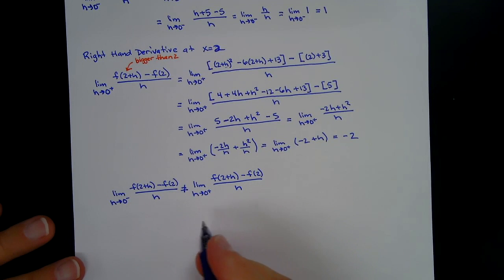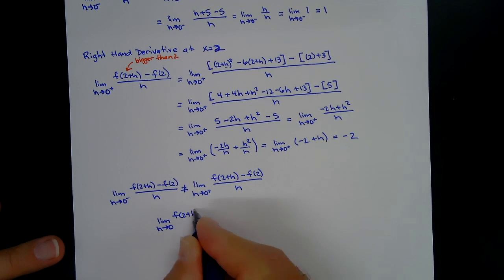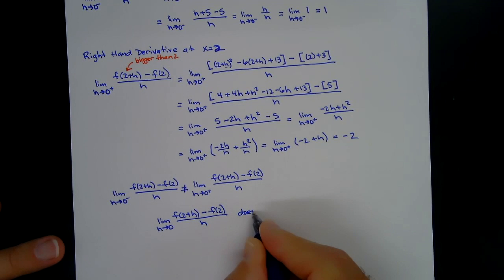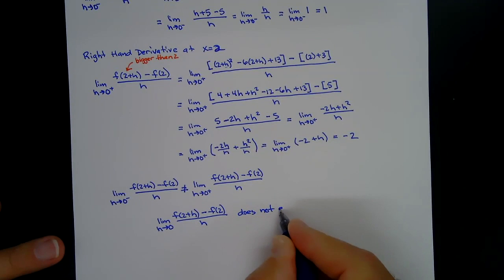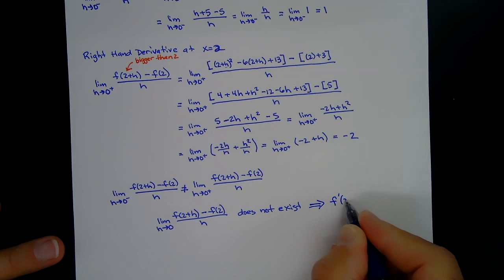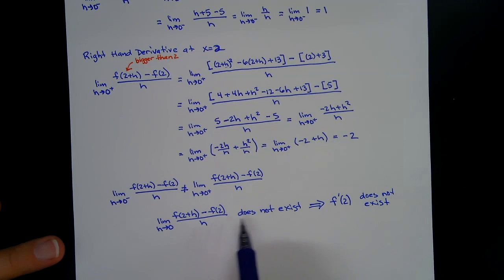Because they're not equal to each other, that means the limit as h approaches 0 of f of 2 plus h minus f of 2 all over h does not exist, which also means f prime of 2 does not exist, because these are the same.